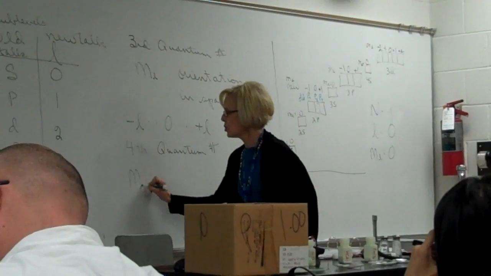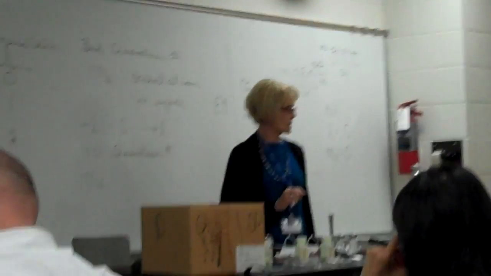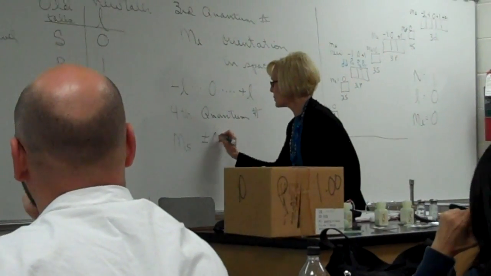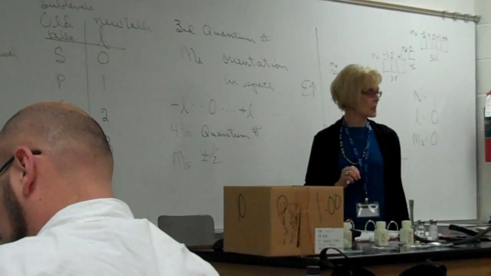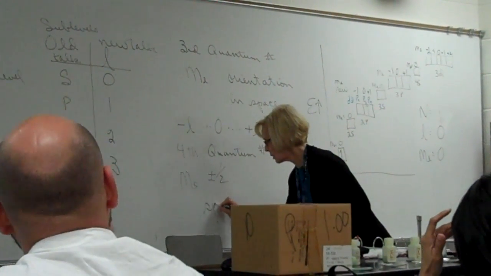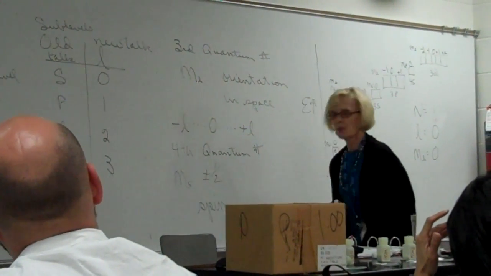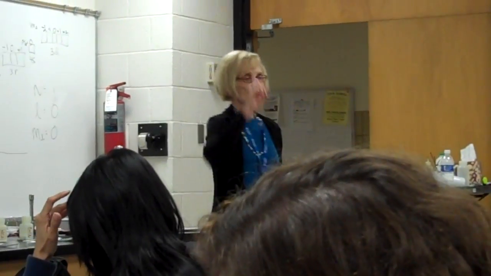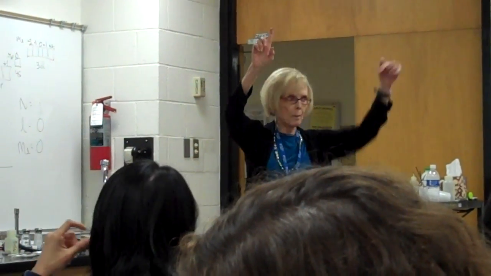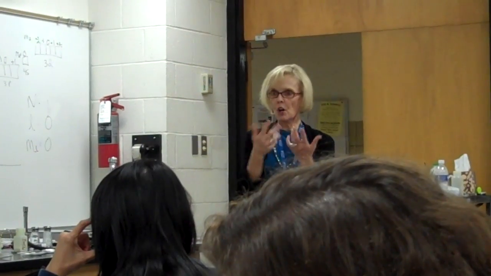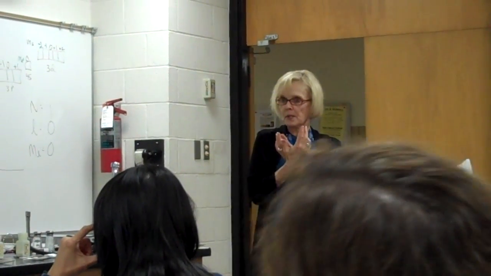It's referred to as M sub S, the letter S. And the allowable values, there's only 2, plus or minus a half. It's called the spin quantum number. Just a little bit ago, we reviewed, why did we use the half arrow up and the half arrow down? Because how do 2 negative charges live together in peace and harmony?